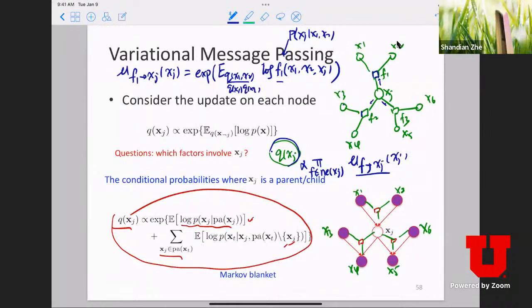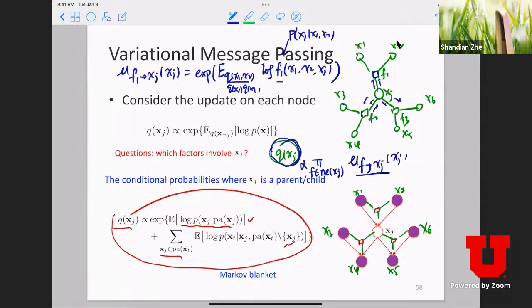Okay. So now you calculate this, you use the same formula to calculate the message from f2 to xj. You calculate the message from x3 to xj. You multiply them together, you get your updated message of xj, which is going to be distributed back to every neighboring factor of xj.